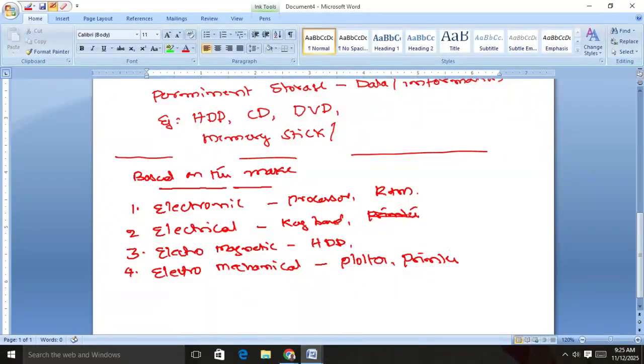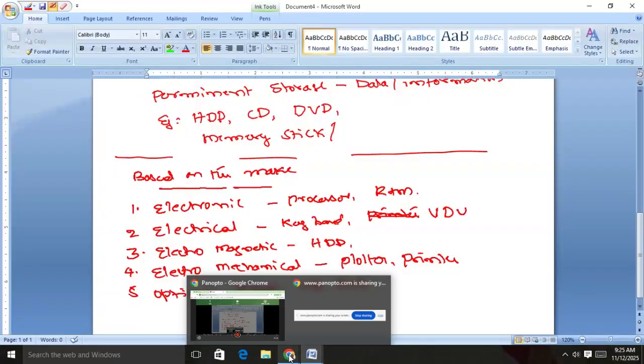Here I am going to write electrical: keyboard, and the monitor, that means visual display unit. Some of them are optical devices, that means the mouse, which is based on light optics, and CD and DVD drives. So it is possible to divide the components into several parts. Thank you.